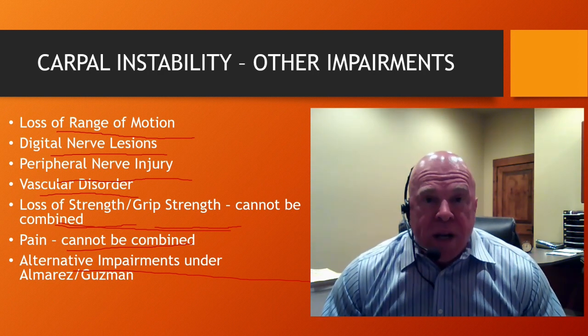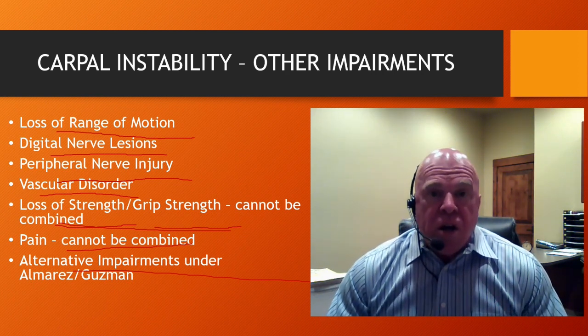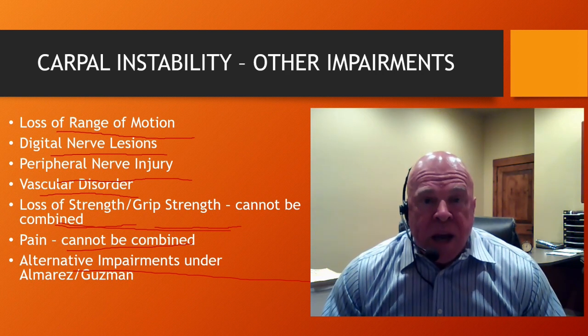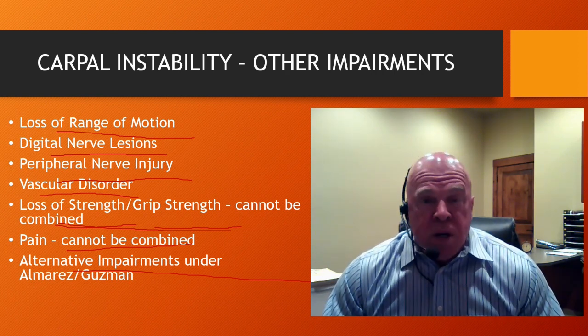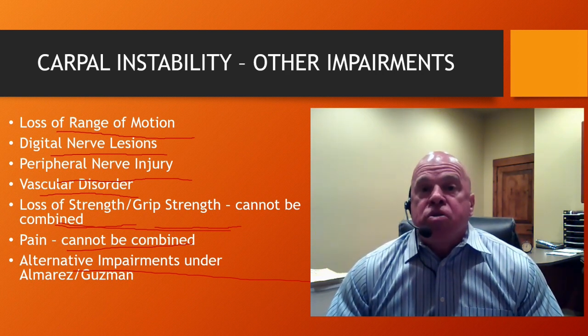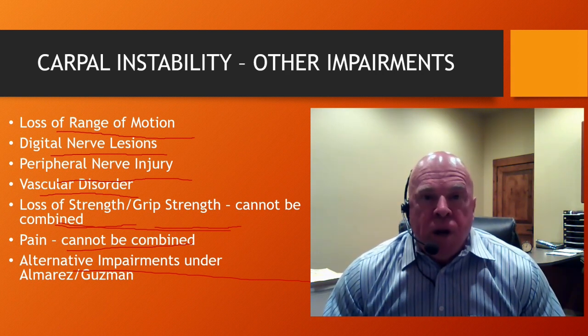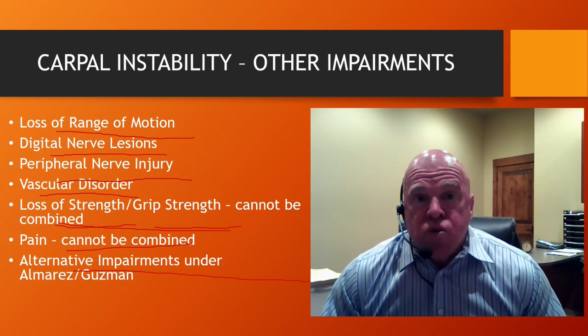So the point on this is that under Alvarez and Guzman, and within the four corners of the AMA guides, we have great liberty and great freedom to exercise our clinical judgment and experience in providing for an accurate description of the examinee's true impairment.